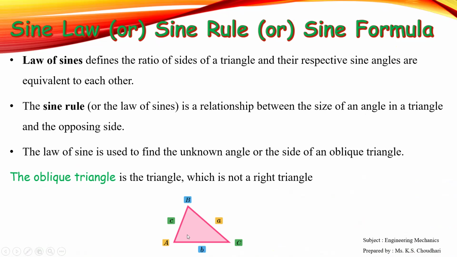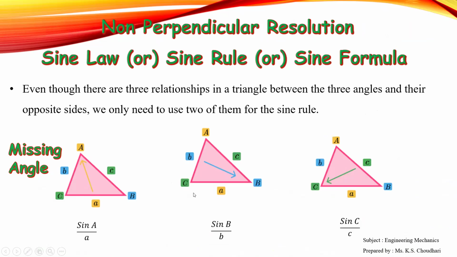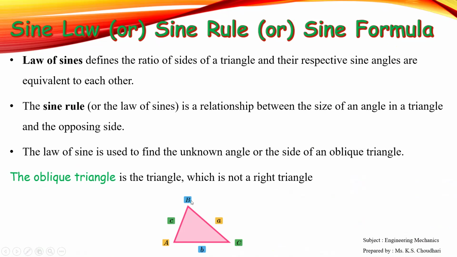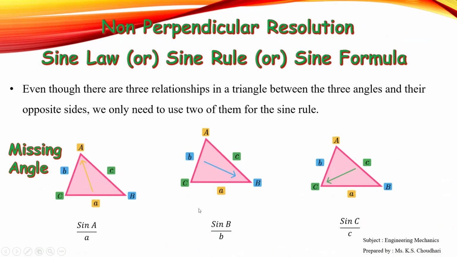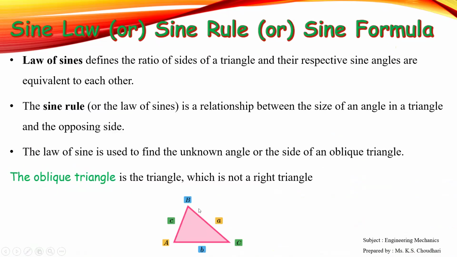If we consider that ABC are the points and also the value of the angle, then it is the relationship between this angle and its opposite side, meaning the front side of it.